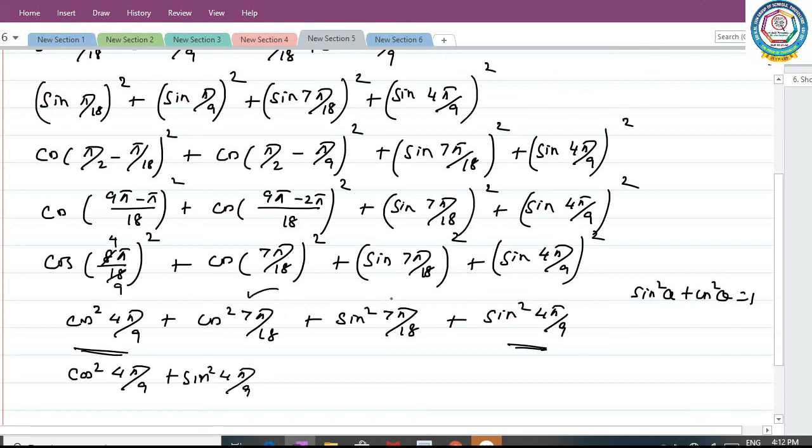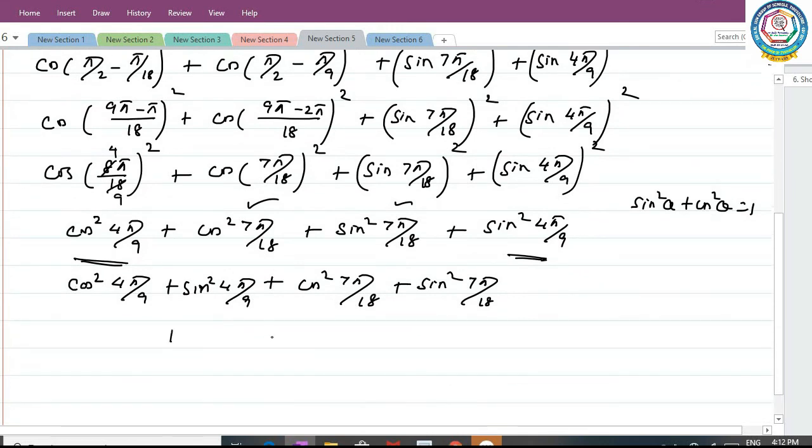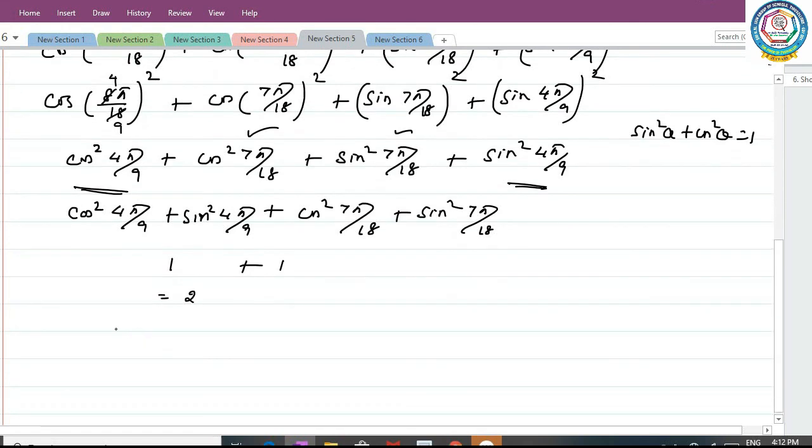Next I take the other two terms, cos square 7 pi by 18 plus sin square 7 pi by 18. By the identity, this is equal to 1, and this is also equal to 1. So 1 plus 1 is 2. Now I got the right hand side. The right hand side given is 2, and the left hand side I got is 2. Therefore left hand side equal to right hand side. Hence proved.